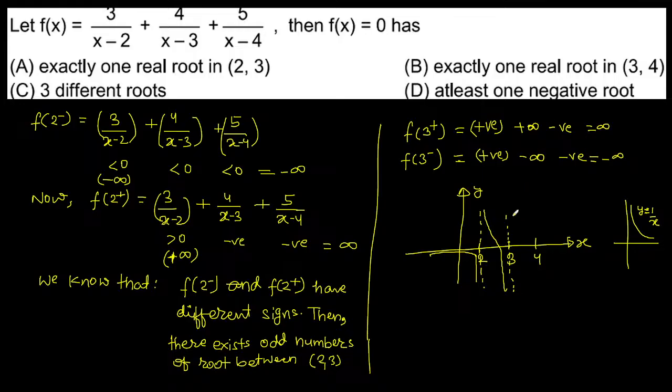3 plus is plus infinity, 4 minus is minus infinity. This graph is going somewhere like this.